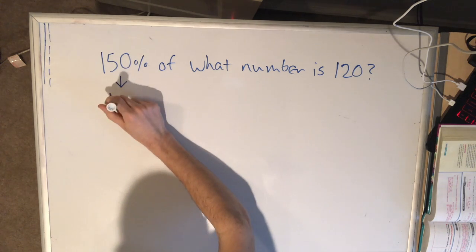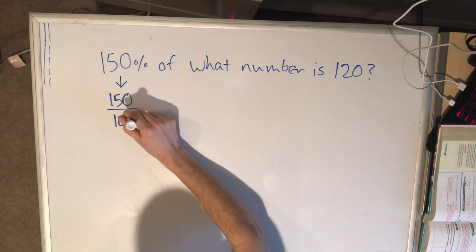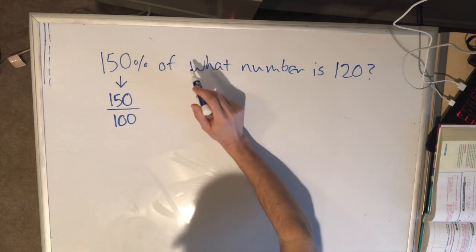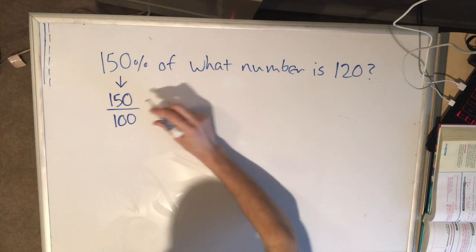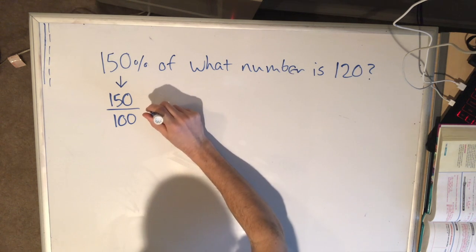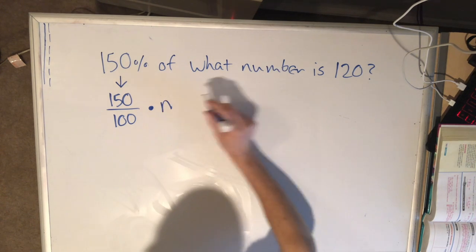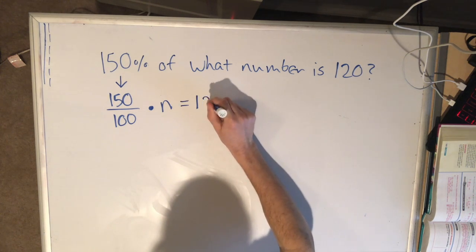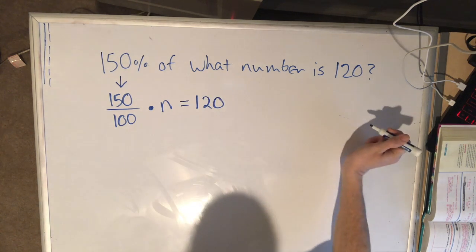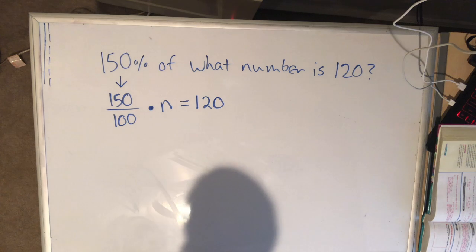So 150 over 100 of, before a number is a multiplication, so of what number is times, and I'll use n to represent what number, is 120 means equals 120.